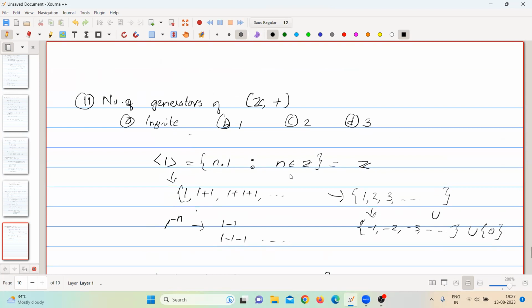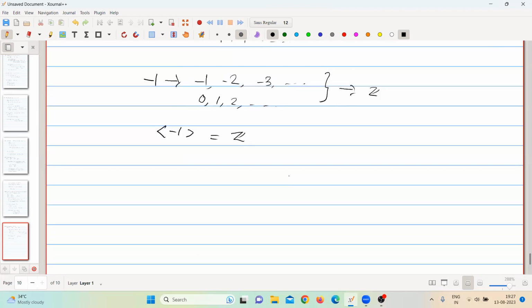Now, does there exist any other generator for Z? No. For example, suppose I take the identity 0. What does 0 generate? Just the element 0, so it is not equal to Z. Now I take any element other than 0, 1, and minus 1, say 2.